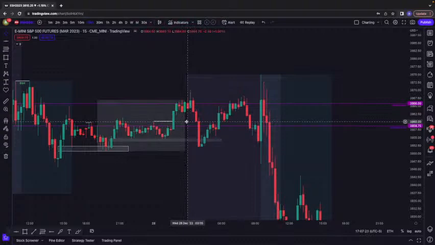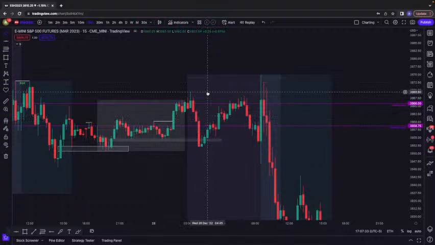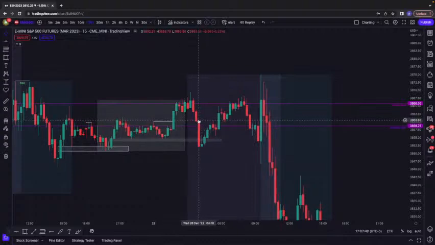So, entry right here, stop loss just below this, okay? As this doesn't reject out of here like it should if it was bullish bias and it was going to follow the rules, it would have hit this and it would have immediately rejected. That again is another thing that I think must be constantly taken into consideration, and I know ICT talks about it all the time, is how long is it staying in the area?